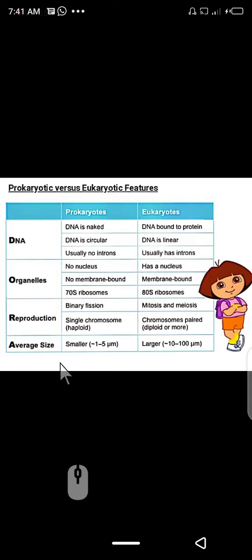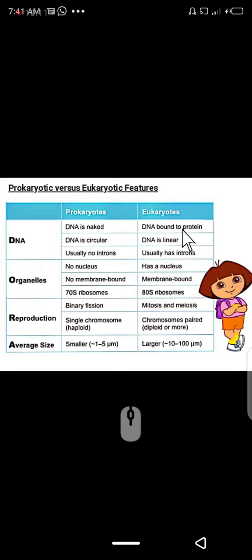So prokaryotic versus eukaryotic features. On one side we have prokaryotic, and on this side we have eukaryotic. In prokaryotes DNA is naked, and in eukaryotes DNA is bound to protein.